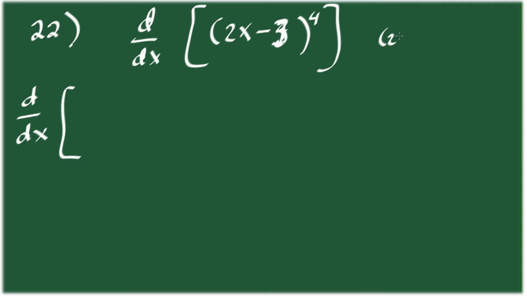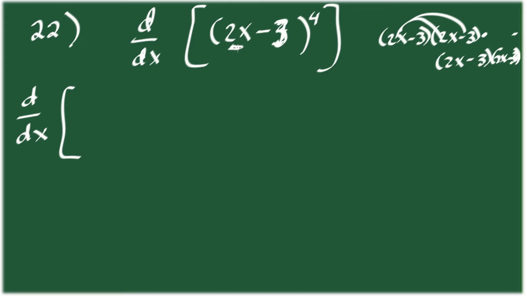Again, what we're doing is like a shortcut of multiplying 2x minus 3 by itself 4 times, okay? Because it's raised to the fourth. So you multiply the 2x minus 3 by itself 4 times, and I'm showing you a different technique instead of doing this, standard distribution or foiling out.